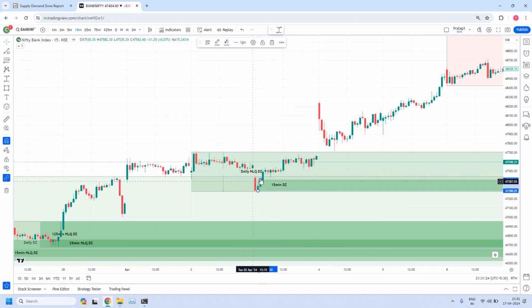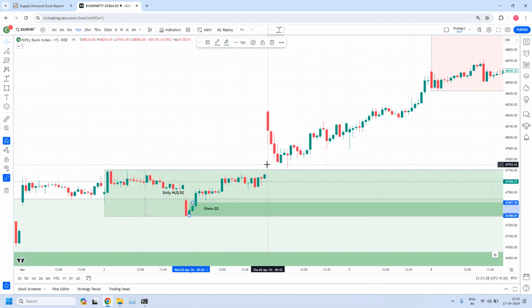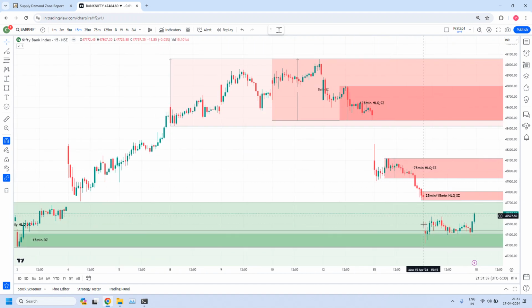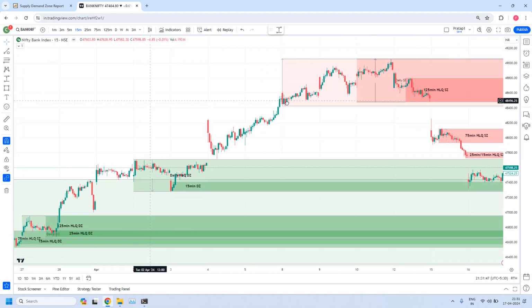This 15 minutes demand zone is inside the daily. But are there any price action clues earlier? Yes, prices came close to this, but it is holding. Maybe there is order flow here. That is the reason why it held yesterday. This is the one where they actually created order flows.